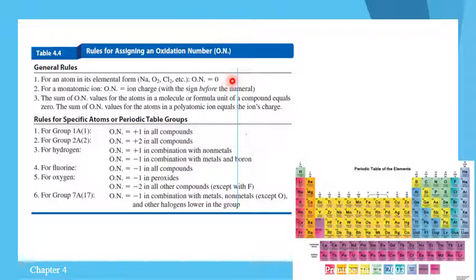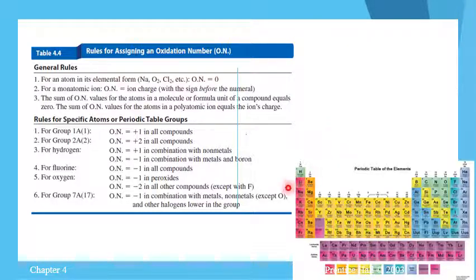So this is a summary of rules in assigning oxidation number. Do not forget that for an atom in elemental form, the oxidation number is 0. For a monoatomic ion, the ion charge is equal to the oxidation number. And the sum of oxidation numbers is equal to the charge of the formula or the molecule. For group 1A, the oxidation number is +1 in all compounds.